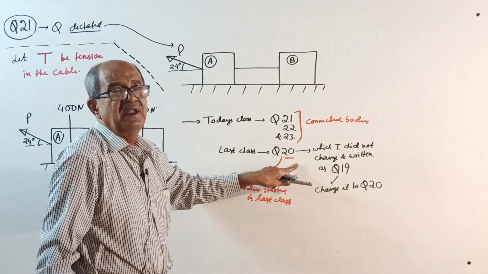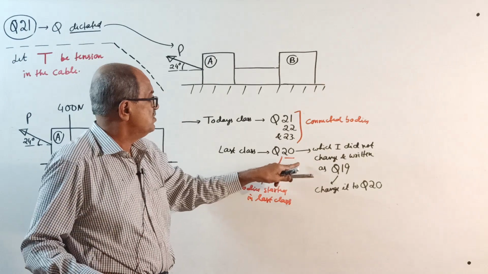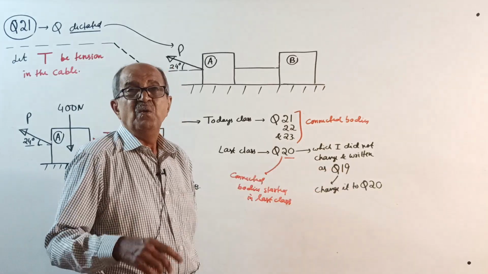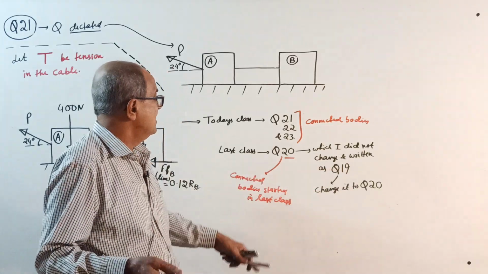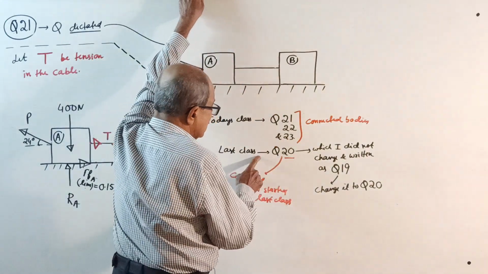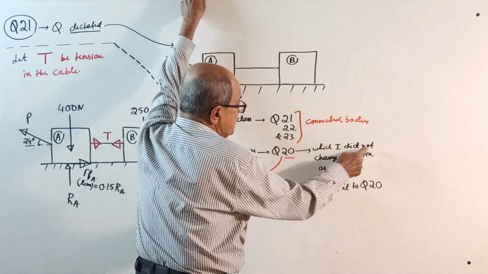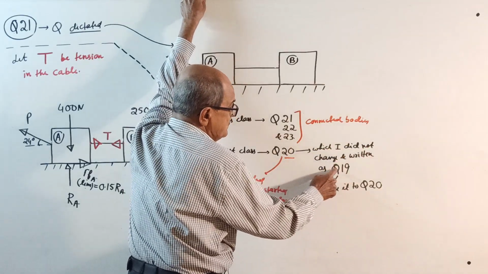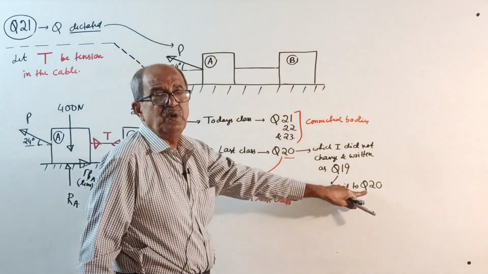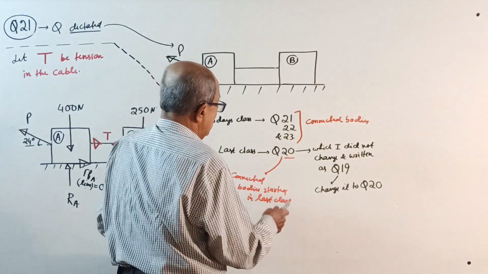Last class, when I recorded, I forgot to change that 19. It was the last class question 20, but it is written as question 19. So you change it to question 20.